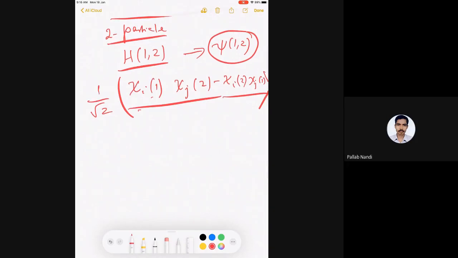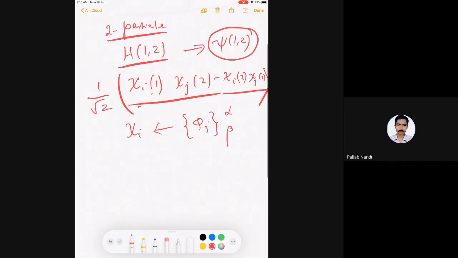As you know, the spin orbitals chi i are constructed out of a set of orbitals multiplied by alpha or beta. I hope you remember that the number of spin orbitals is always twice the number of orbitals. Now we have also seen that since this has to be antisymmetrized, the two spin orbitals chi i and chi j cannot be equal.